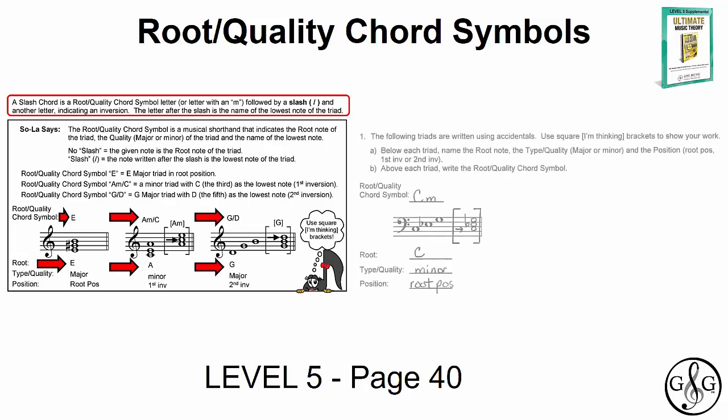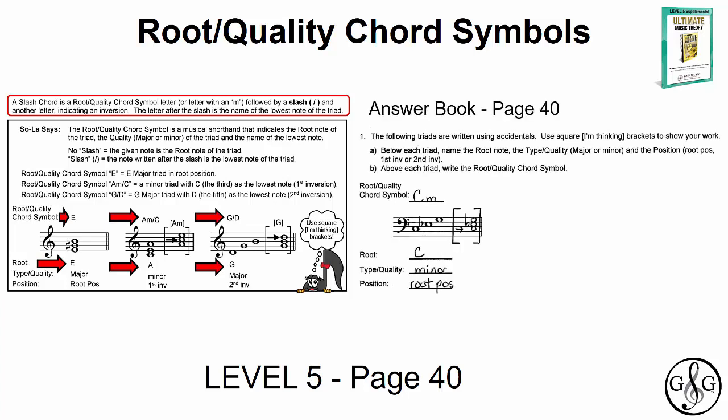Now, in the answer book, and I just want to share this with you, on page 40, here's how UMT's exclusive square I'm thinking brackets technique helps students easily write the triad in root position, right? And then draw an arrow pointing to the lowest note of the given triad. So we see our triad and the lowest note is C, and then identify the root quality chord symbol.